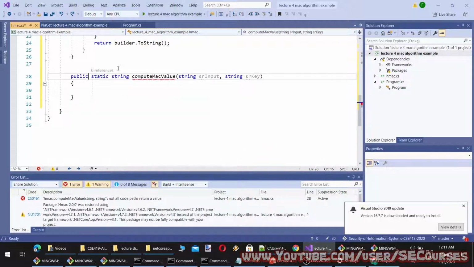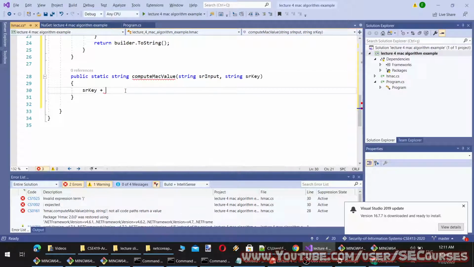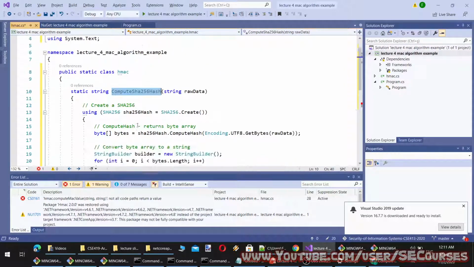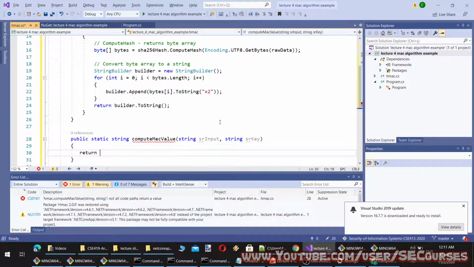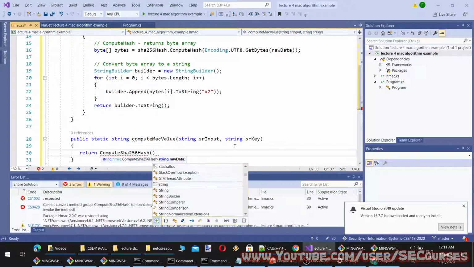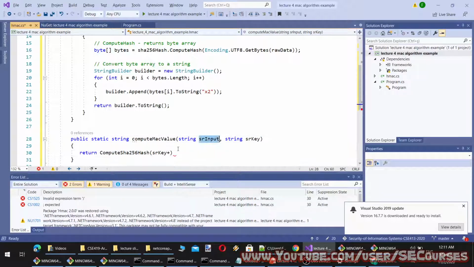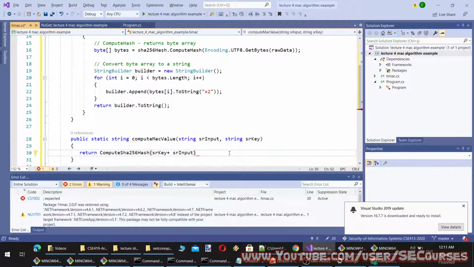So what will this do? This will take the key plus the input, and I will compute the hash of key plus input.